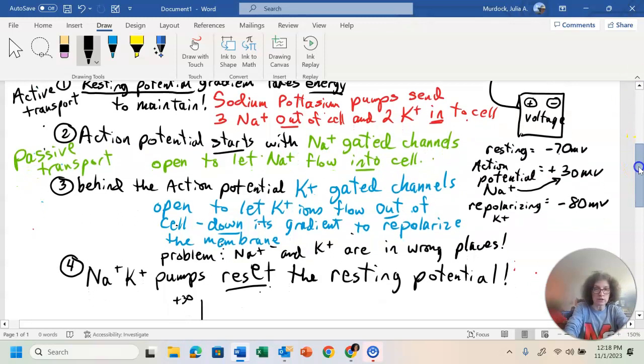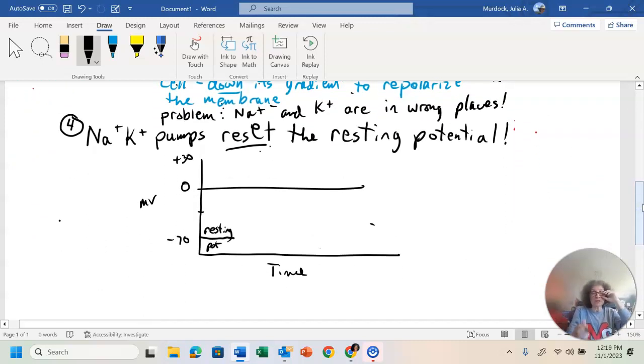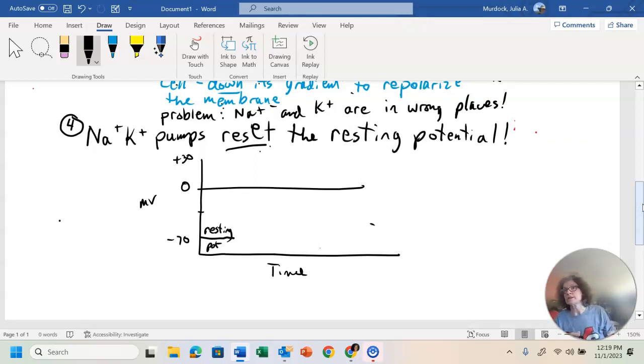Right. Okay, now before I run out of time here, I want to put this on a graph for you because it's the graph that I'm really going to be asking you about next Thursday, okay? So if I were to, that little voltmeter, remember, that was measuring what's going on in the cytosol, the resting potential is down at negative 70 in the beginning, right? And then there's a stimulus, and what happens? Why is it going up? Which thing is flowing?